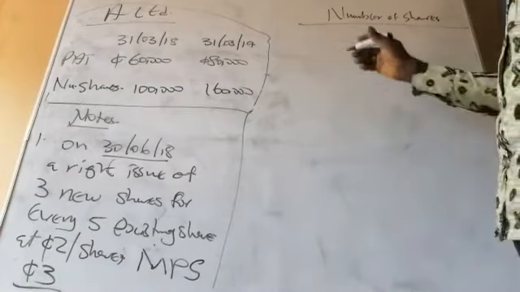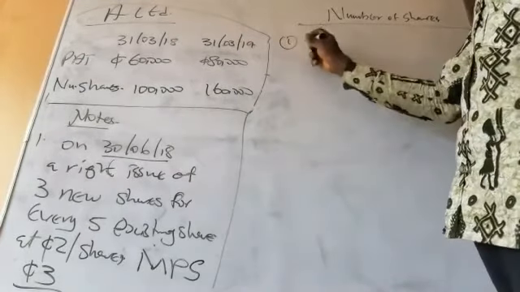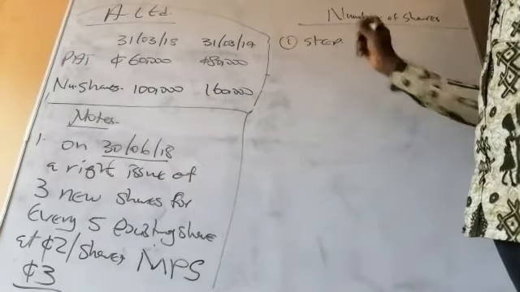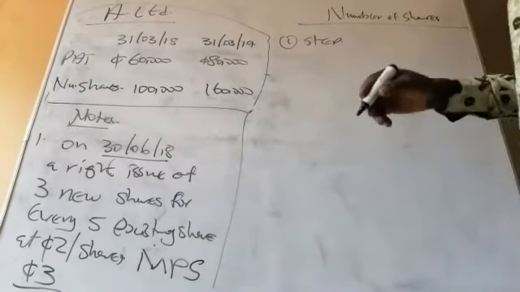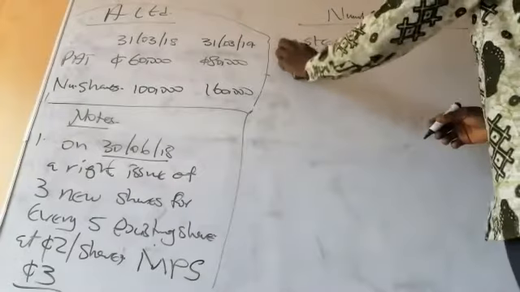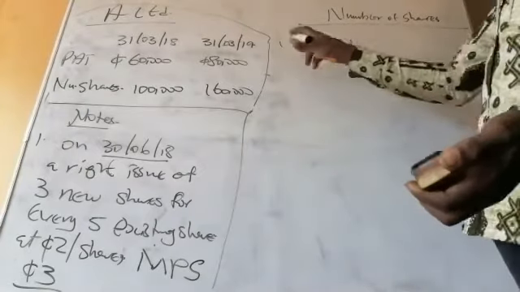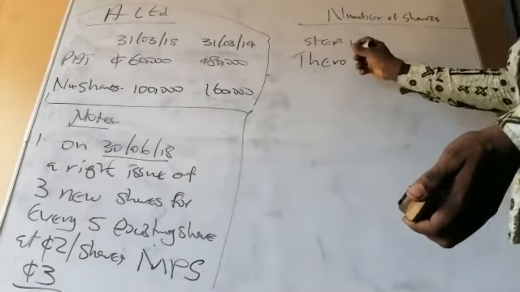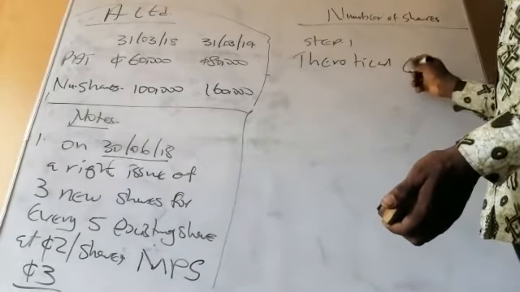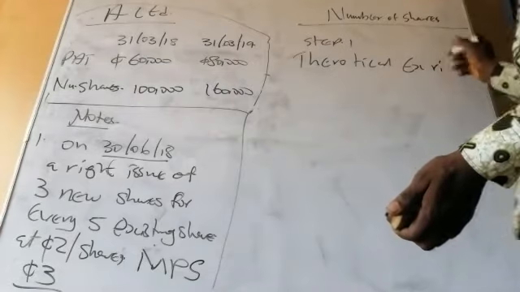First, step 1, I got a step for you. Step one, calculate what we call the theoretical X right price.